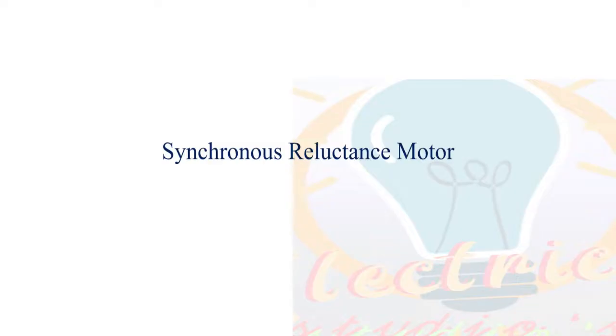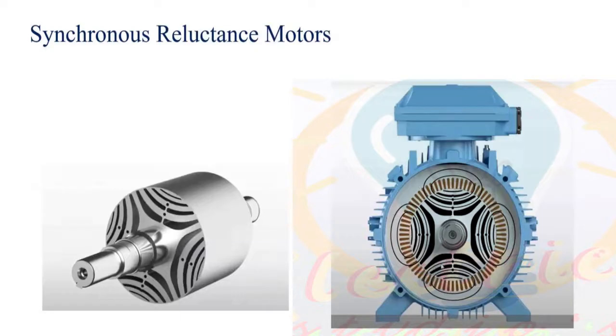There is a term called saliency ratio, the ratio between the inductances of the rotor, which we call the saliency ratio. We need to achieve a higher saliency ratio. But because of the design of the synchronous reluctance motor, we were not able to achieve it. Because of that, for most traction applications, they were not useful.